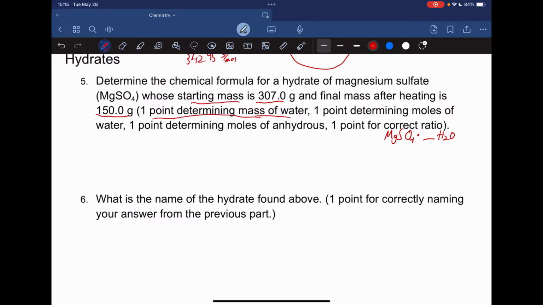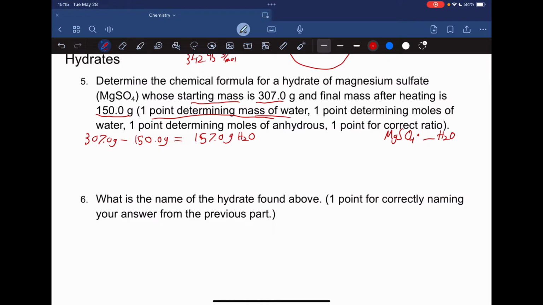So that's why the first step is to determine the mass of water lost. So we're going to take the 307.0 grams and subtract out 150 grams, which is going to give us about 157 grams of H2O.